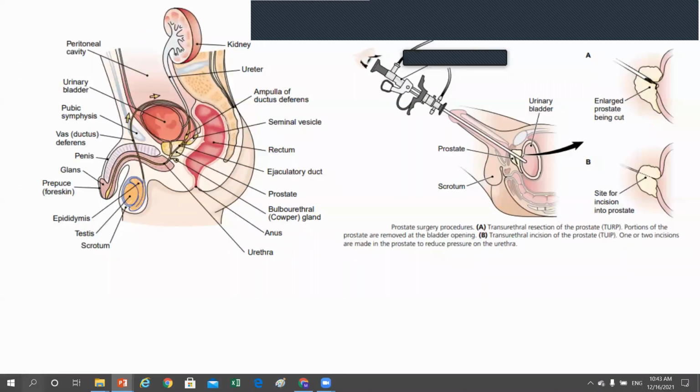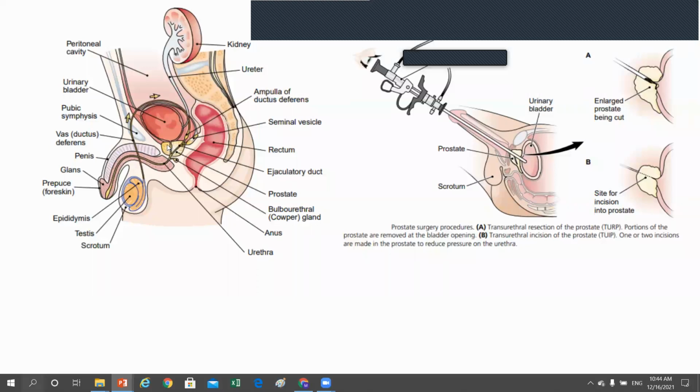Like the female system, like all other systems of our body, we can examine these systems in a living person, in a patient. If you look over here, we talked about the prostate gland, which is enclosing the prostatic part of the urethra, and it communicates with the ejaculatory duct for the passage of the seminal fluid.